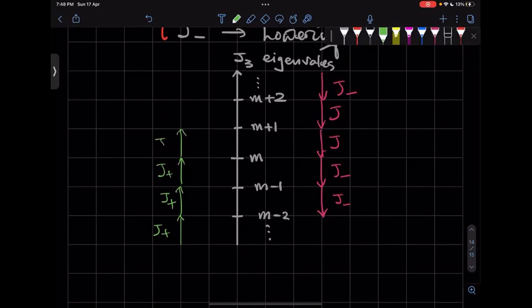That's why J plus is called the raising operator and J minus the lowering operator, and together they're called ladder operators because they allow you to move up and down this ladder of basis vectors. All right, so I hope the picture is clear.